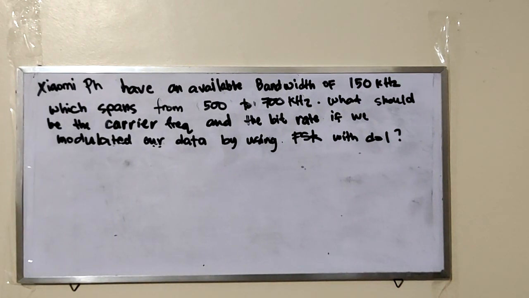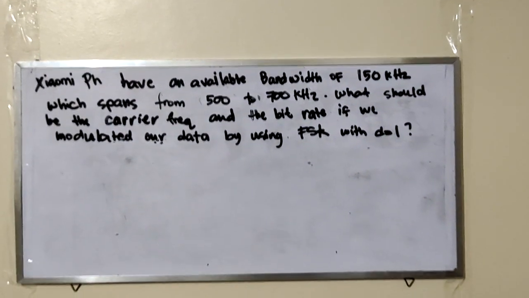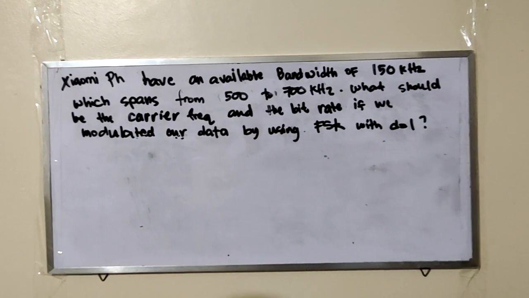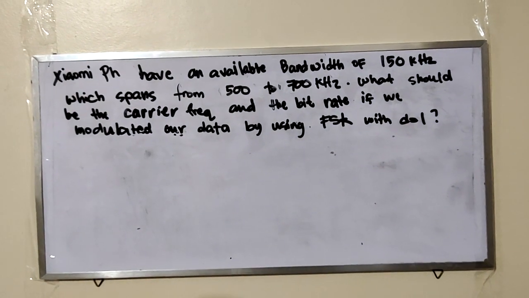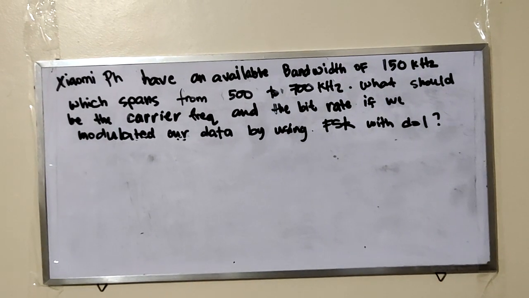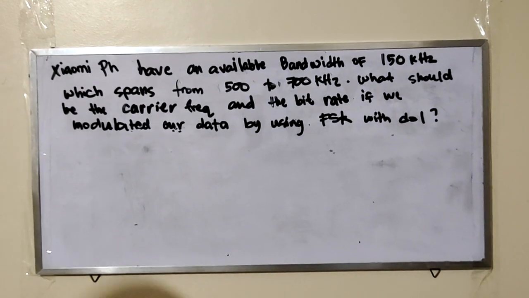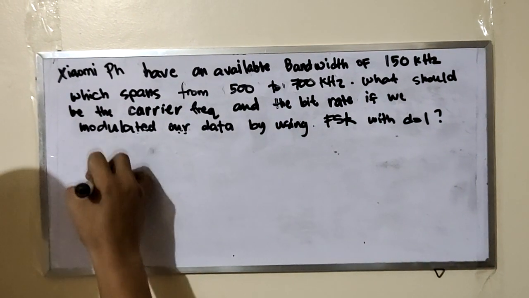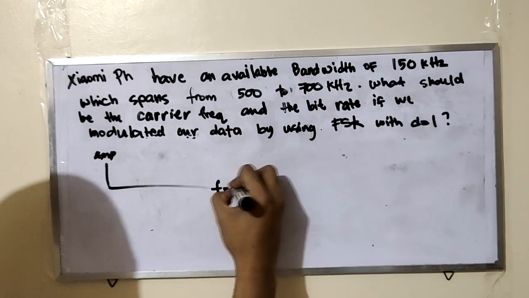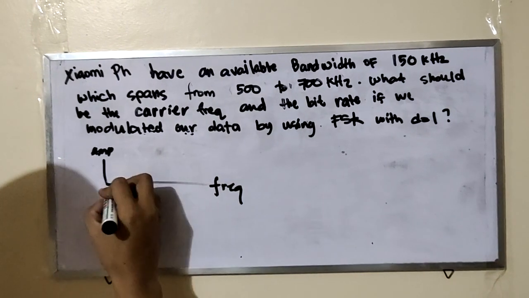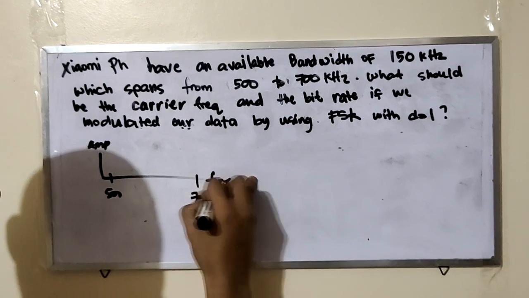Example: Xiaomi Philippines has an available bandwidth of 150 kHz, which spans from 500 to 700 kHz. What should be the carrier frequency and the bit rate if we have modulated our data by using FSK with D equals to 1? We graph this: amplitude, and then frequency, then 500 kHz, then 700 kHz.